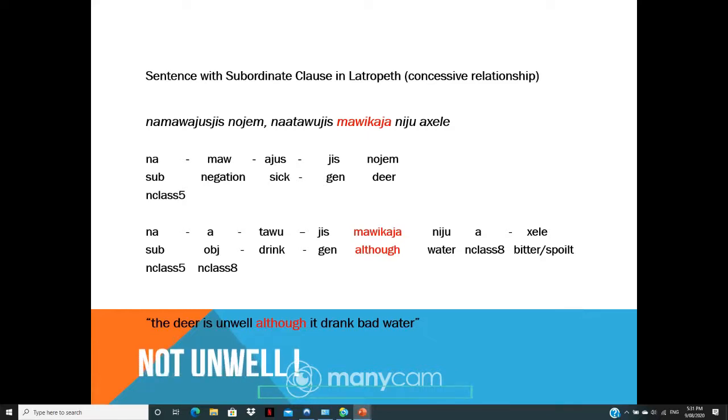This has got mau, that's negation. Deer is not sick. Na mawa yosis noyim. Naya tawo yis mawikaya niwa ele. So mawikaya is the clause relational adverb expressing the concessive relationship and essentially means although. Okay, so the deer is not sick, although it drank bad water.